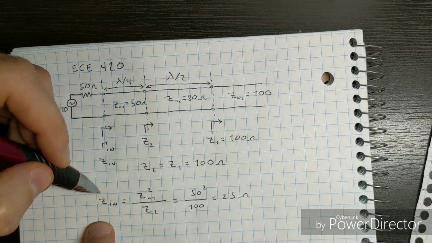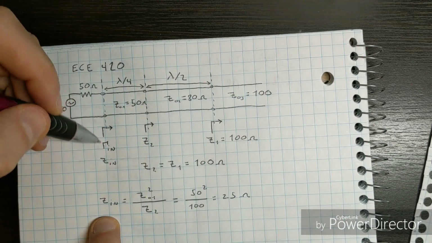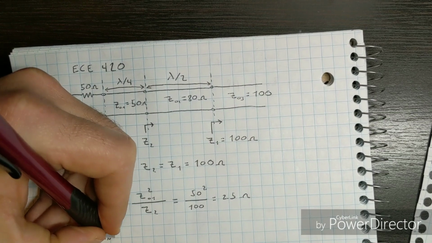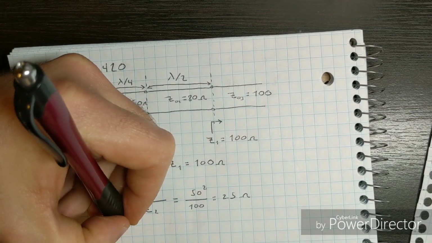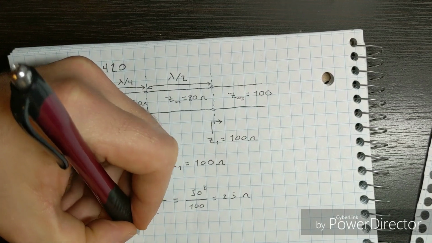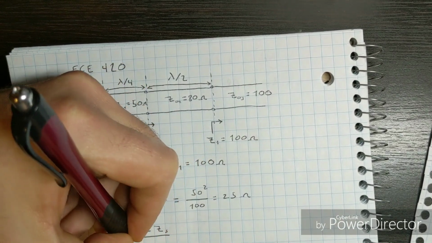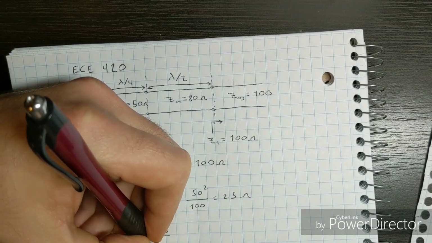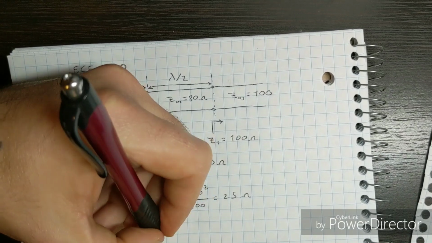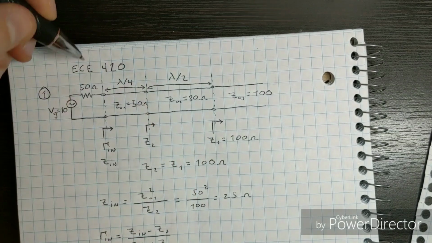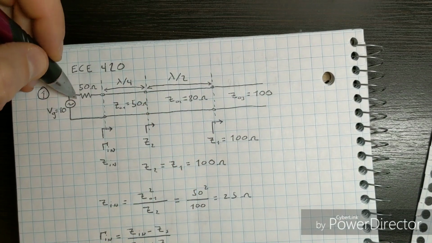All right, so once we have this impedance, we can calculate the reflection coefficient. And the reflection coefficient expression is going to be Zin minus Zs over Zin plus Zs. Of course, Zs is the impedance of the source, the 50 ohm impedance that we have here.